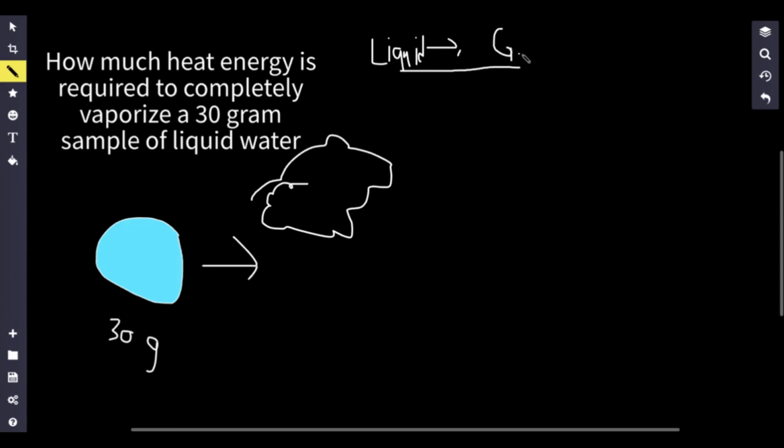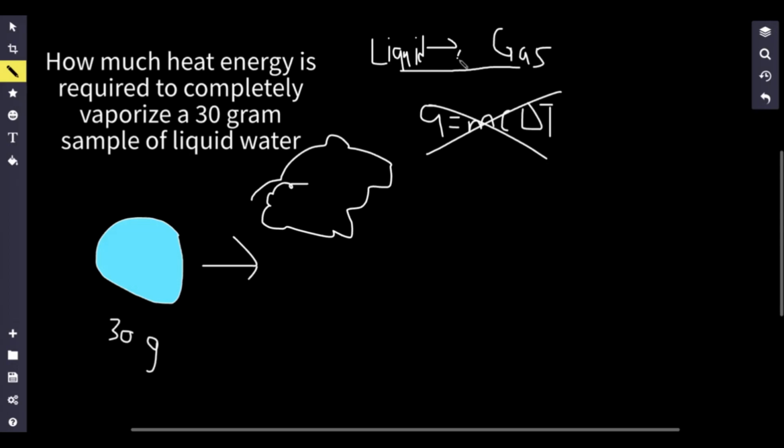When we undergo a phase change, we're not going to use Q equals mcΔT. Why? Because when we're undergoing a phase change on the heating curve, our temperature stays constant. There is no change in temperature when you're going through a phase change.